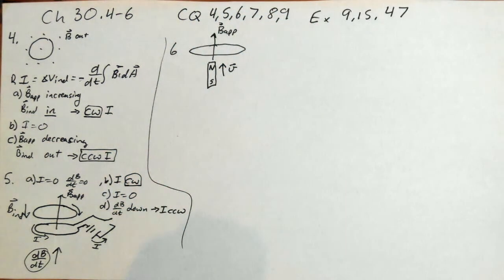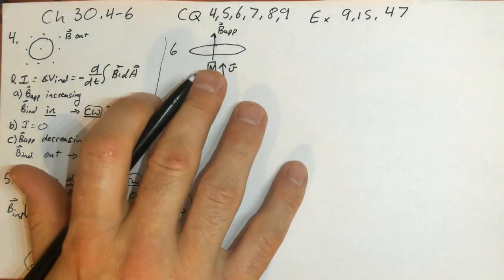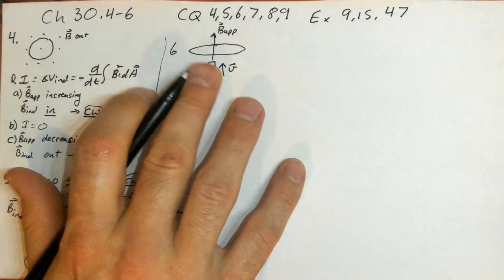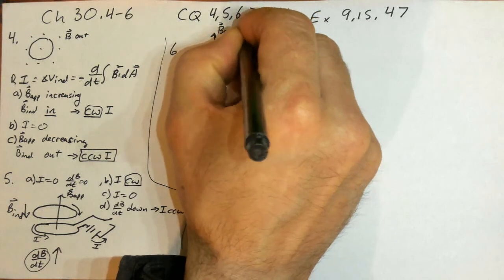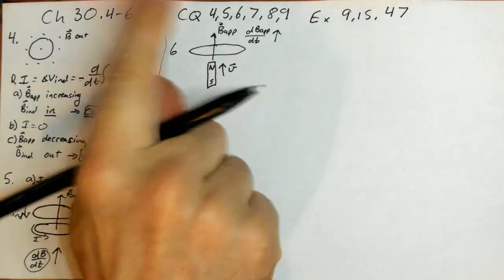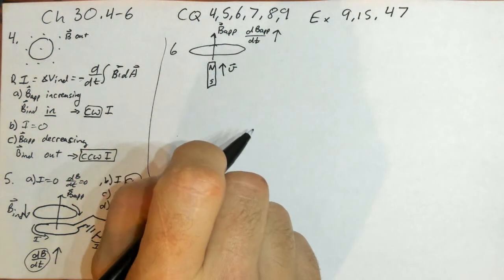Okay. Is it getting bigger or smaller? Since the bar is getting closer, we know that the magnetic fields of a bar magnet are bigger when you're close to it. So since the bar is getting closer, that B field is getting bigger. So dB applied/dt is up. It's pointing up and getting bigger. So dB/dt is up. All right.